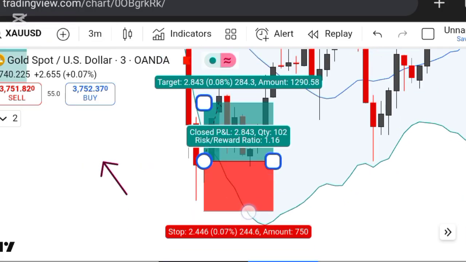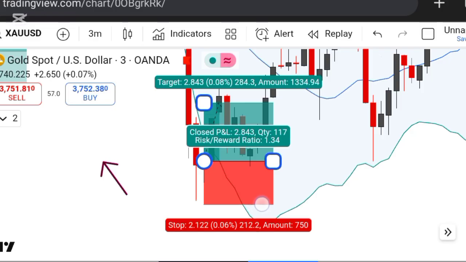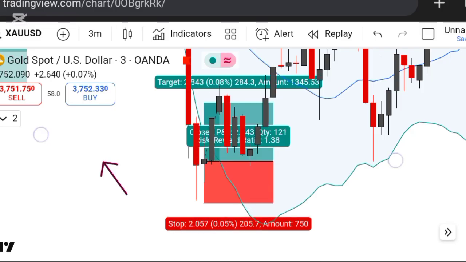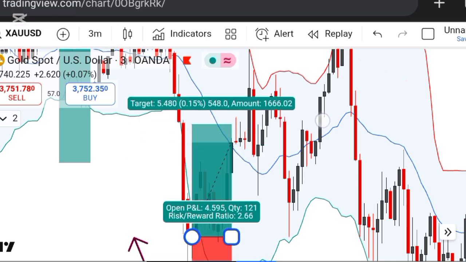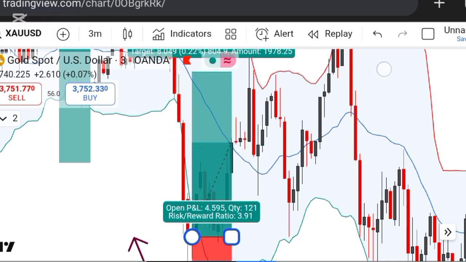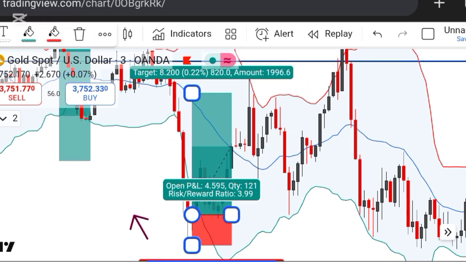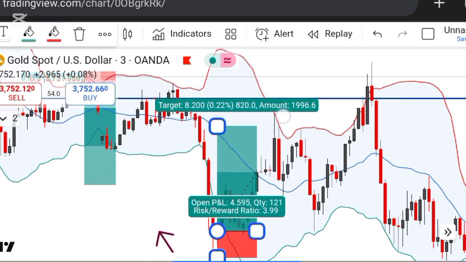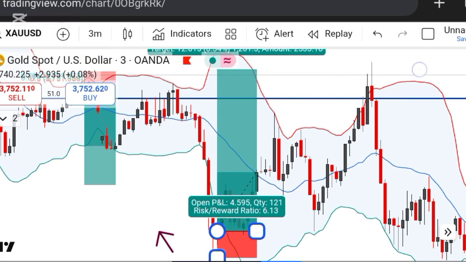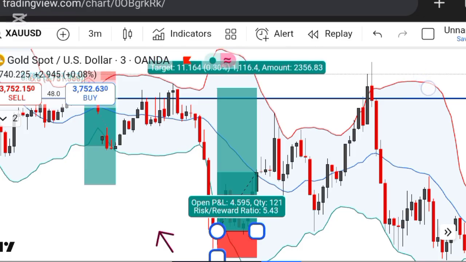Your stop loss will come right before the low, and you go for 1:4. So your 1:4 was right there. Once it hit your 1:4, you can start trailing your stop. So your 1:5 was right there.